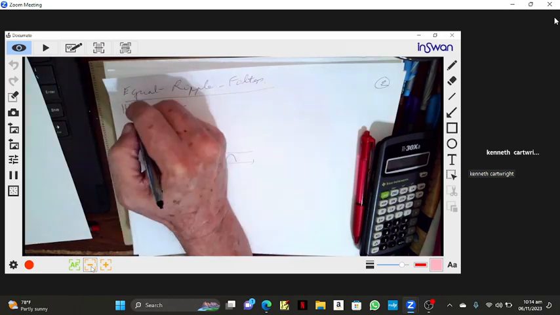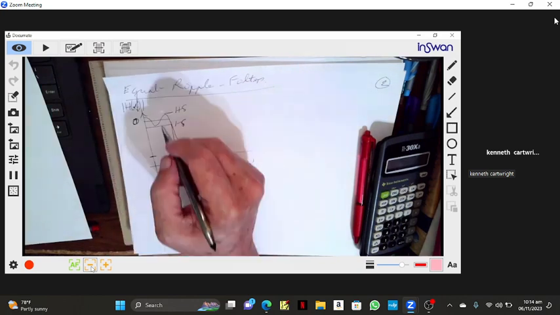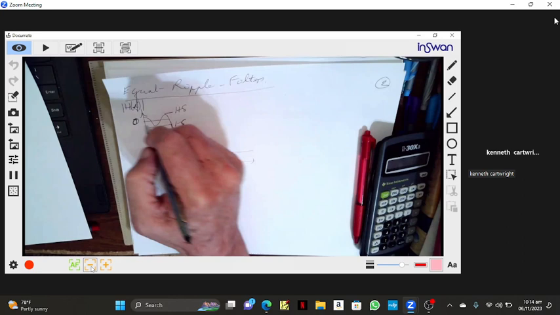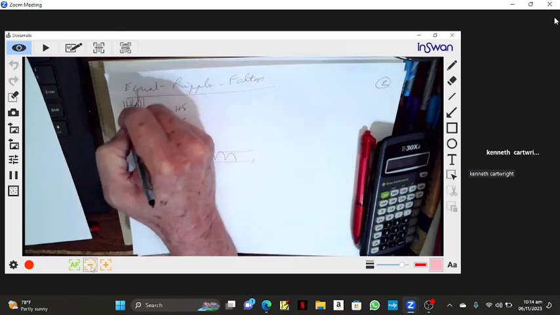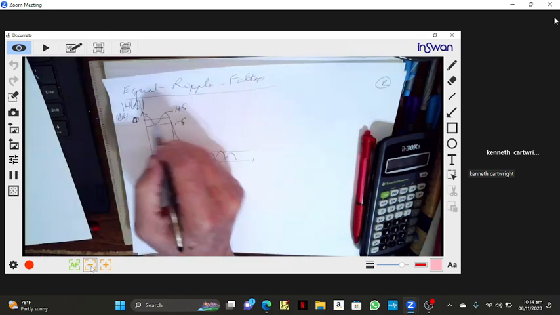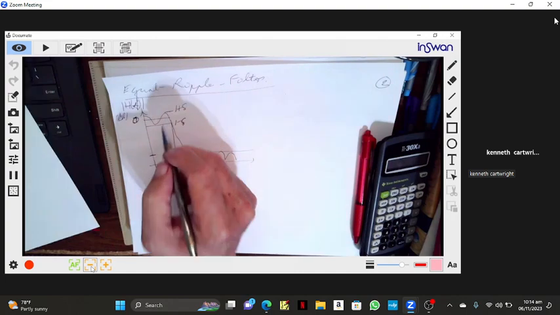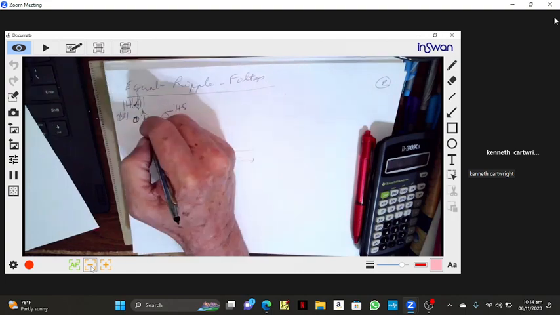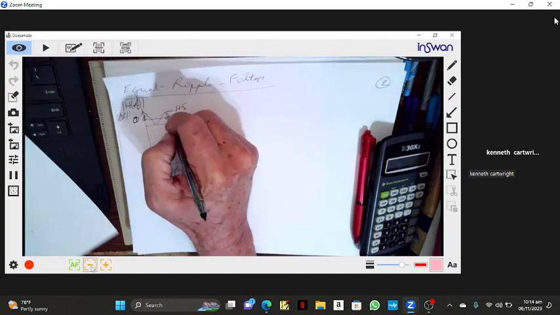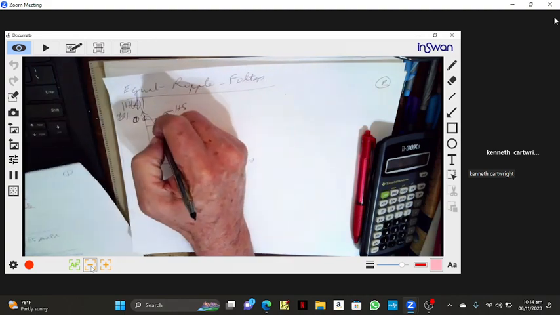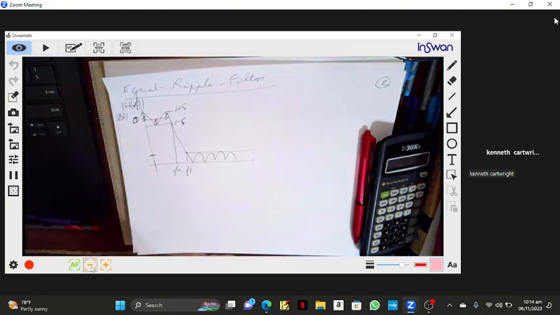And the deviation from 0 dB is called ripple. And equal ripple means this much is equal to this much is equal to this much. That's equal ripple.